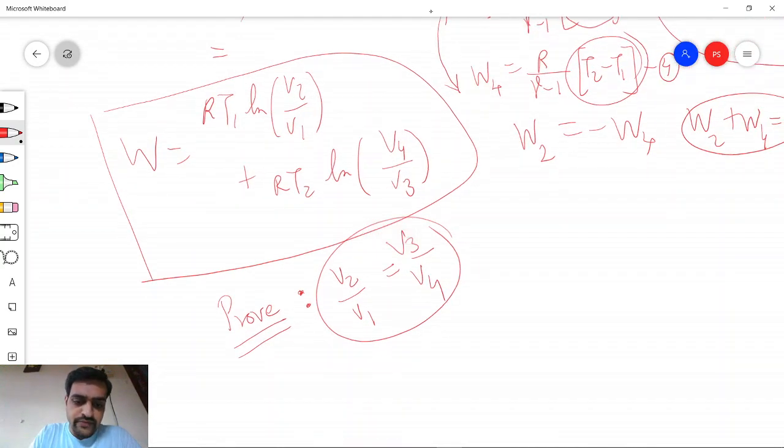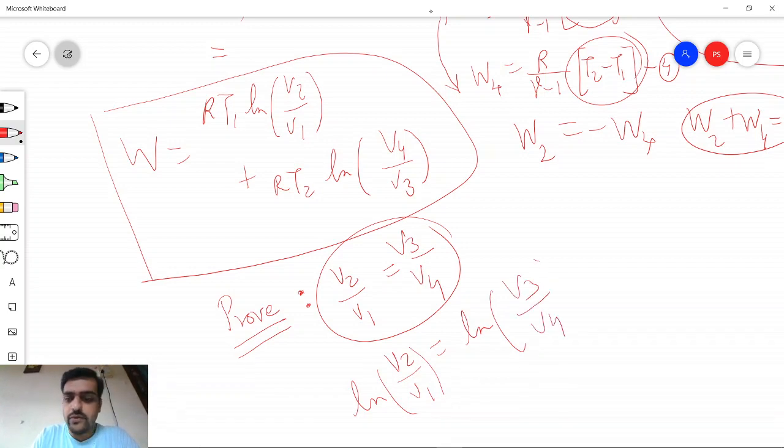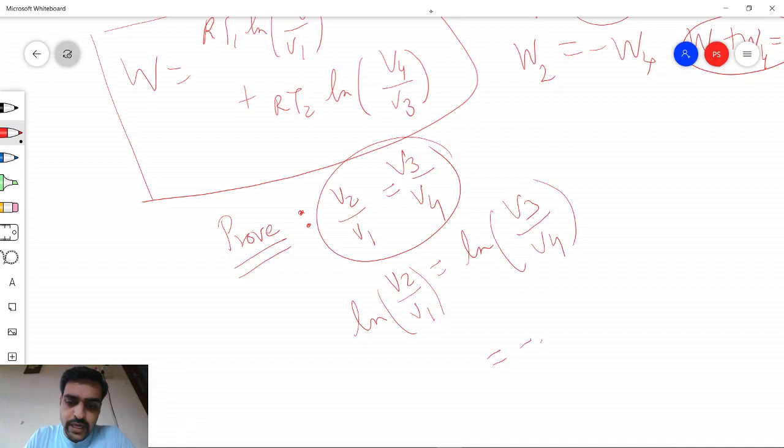So log of V2 by V1 is log of V3 upon V4, or it is equal to minus log of V4 by V3.